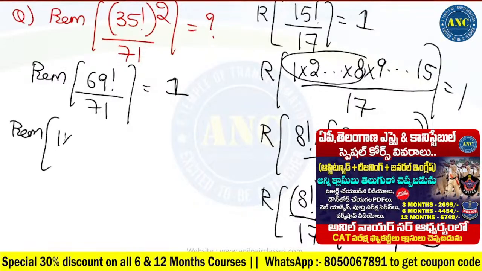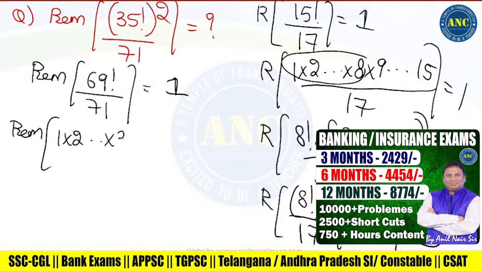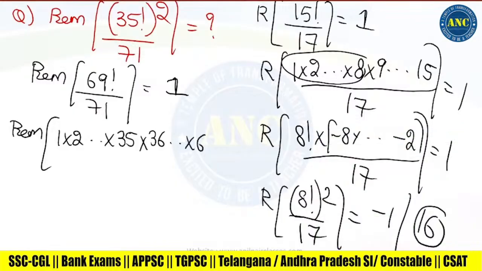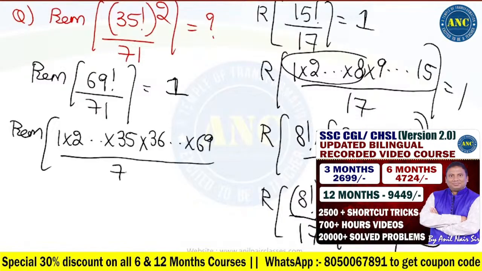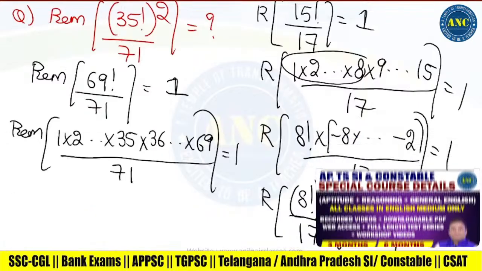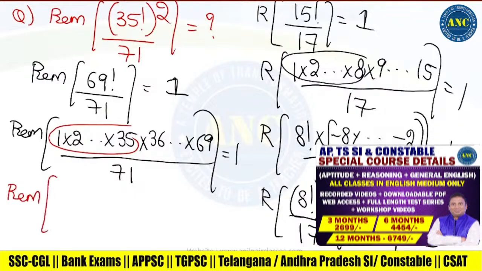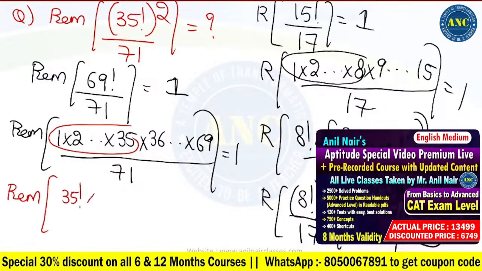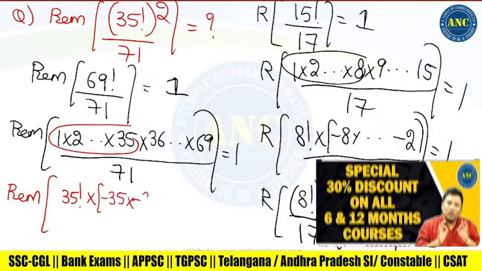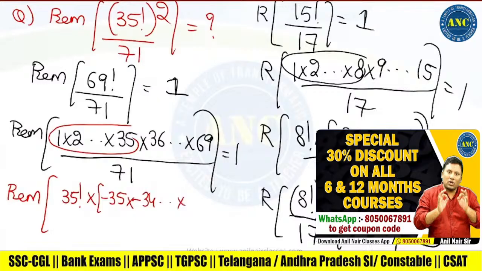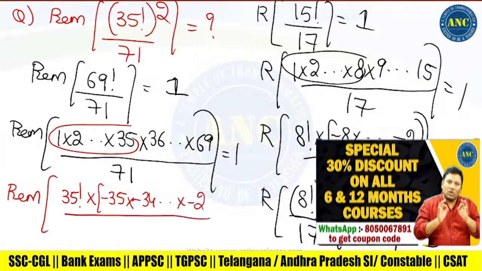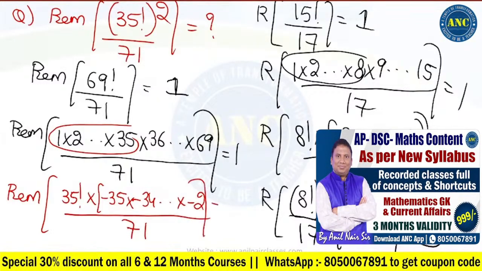69 factorial is 1 into 2 till 35, next it is 36 till 69, divided by 71. It is nothing but 1. Till here clear, right? Now 1 into 2 till 35 is nothing but 35 factorial. 36 by 71 is minus 35, minus 34, up to 69 by 71 is minus 2, divided by 71, it is 1.